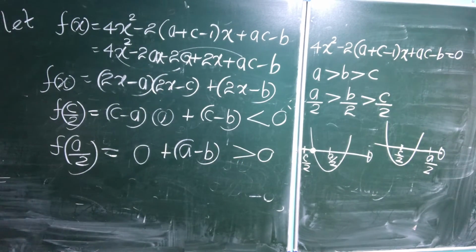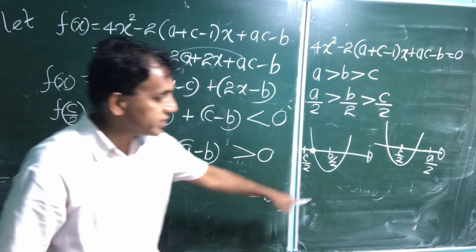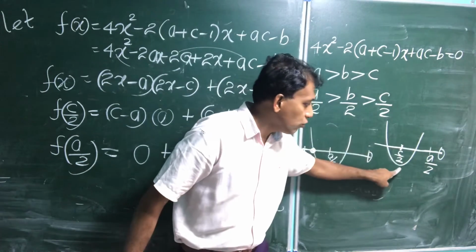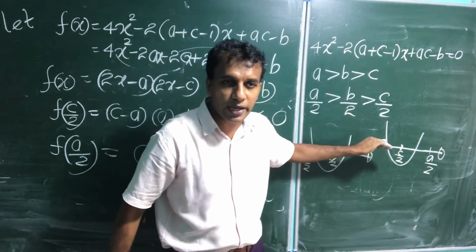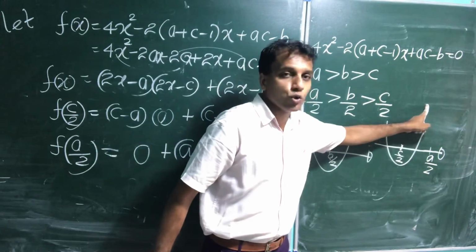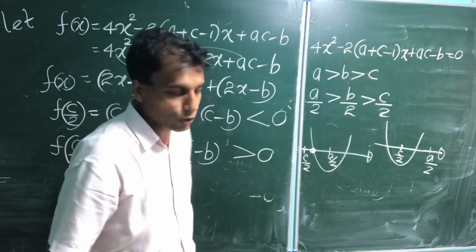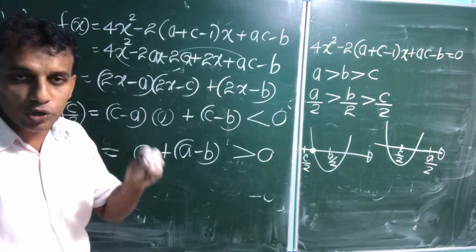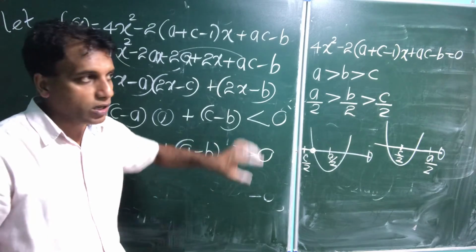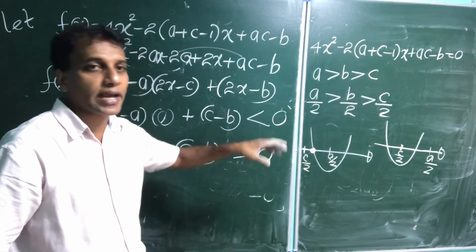So f of c by 2 is negative, therefore actually my graph is this pattern. When x is c by 2, y is below the x-axis. When x is a by 2, it is above the x-axis, positive. Anyhow, we have to show that these two multiplied become negative.